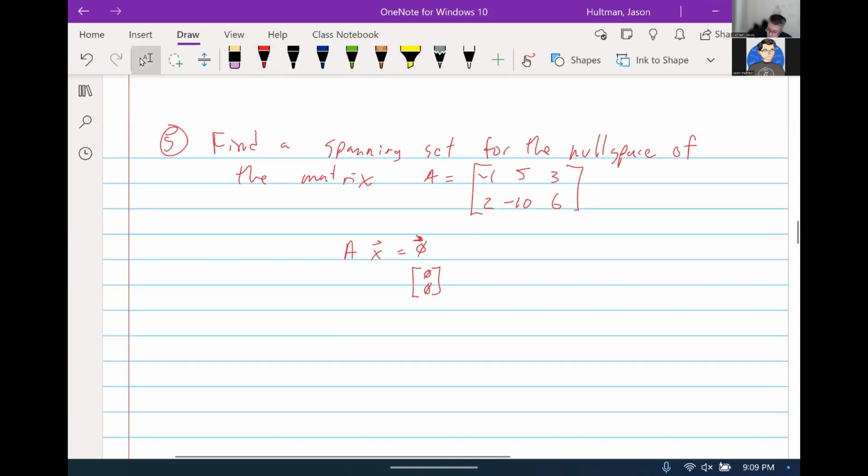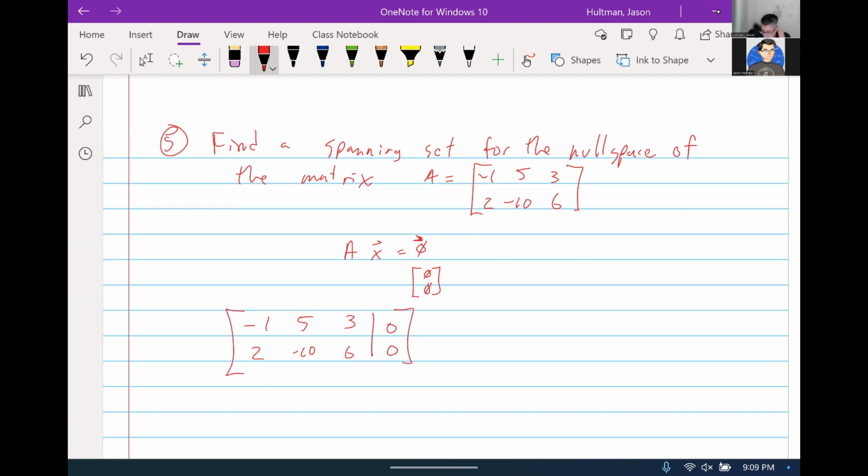And so I could create an augmented matrix here and solve for the variables x1, x2, x3. And so we would get -1, 5, 3, 0, 2, -10, 6, 0.